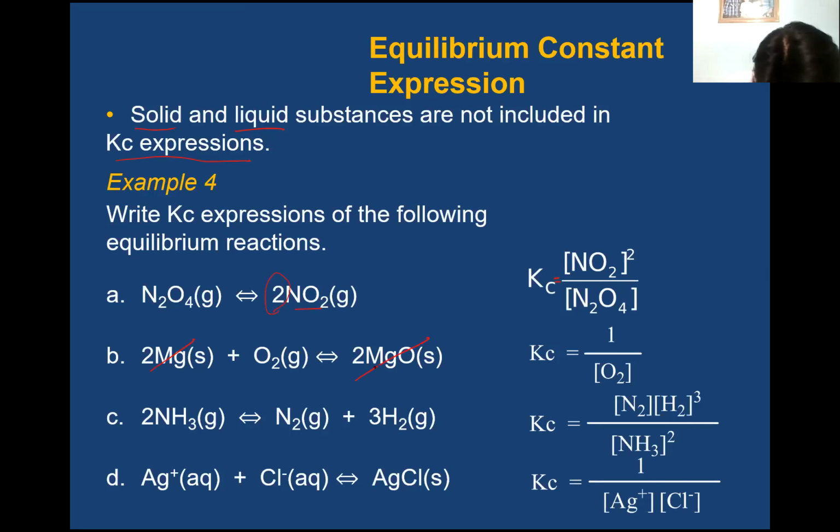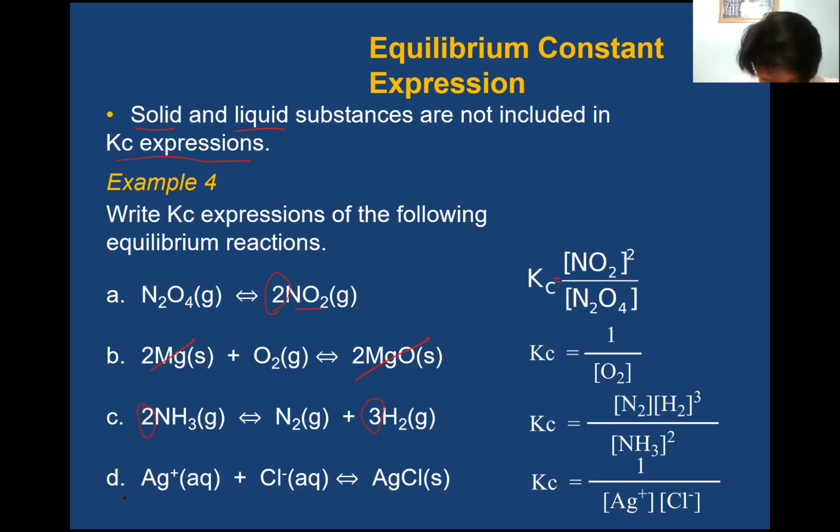So in the product, we don't have any concentration. So let's write this one as constant, equal to the reactant, we have only O2 remaining, O2 to the power of 1. For the C, now, the product is N2, Kc is equal to the concentration of N2 times the concentration of H2 to the power of 3, because the coefficient is 3, over the concentration of NH3 to the power of 2, because we have coefficient 2 here.